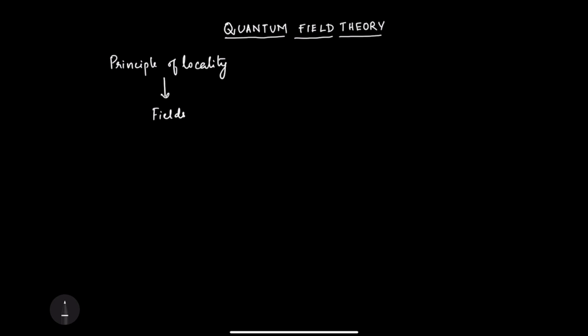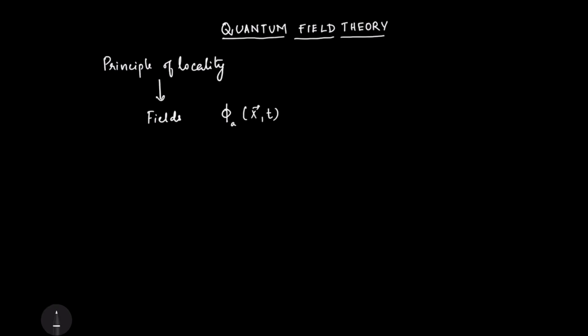In general, the field is represented by phi a of x comma t. Here a is a label. At this stage, classical field theory is classical mechanics with infinite degrees of freedom. Action has a local form, that is, a single integral of the Lagrangian density.